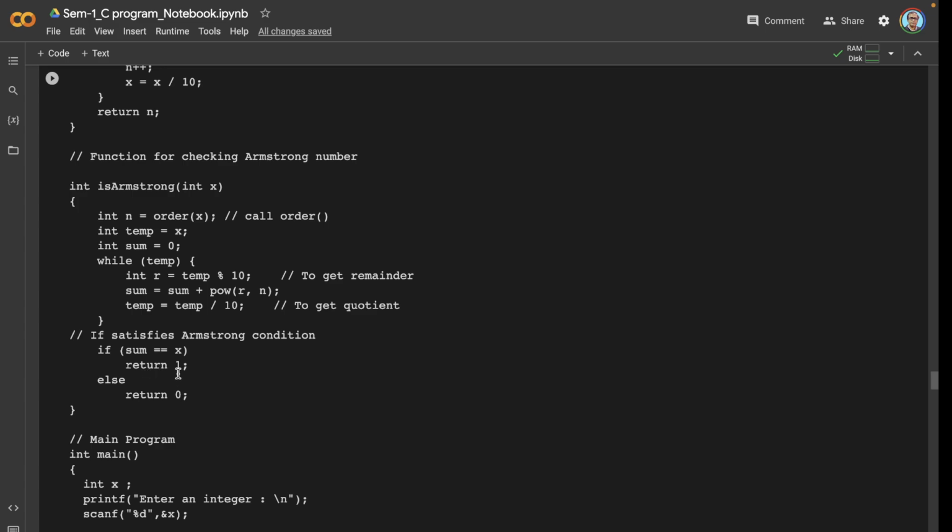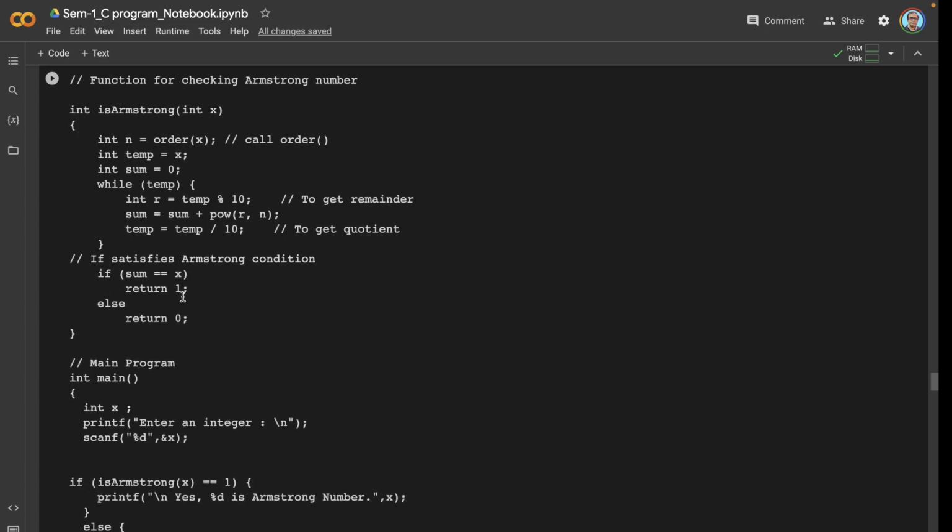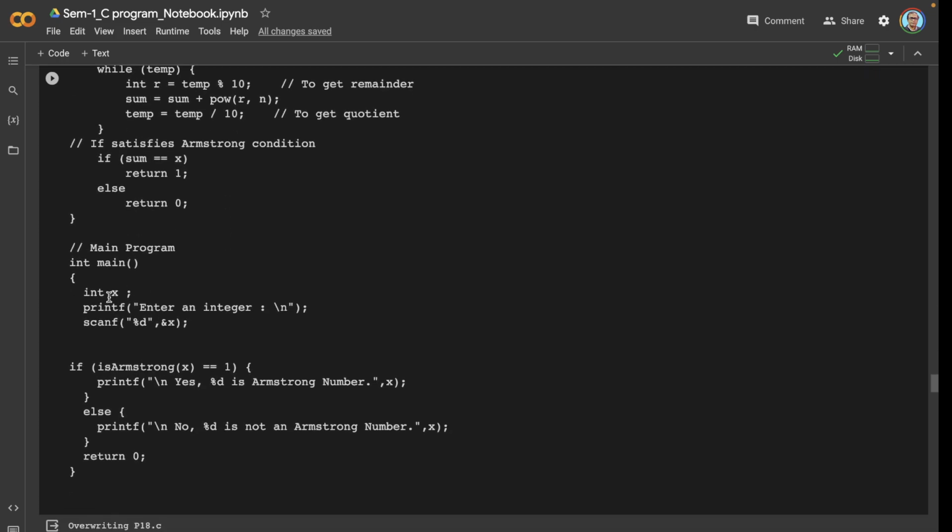So if sum equals x, return 1, else return 0. When it returns 1, we say x is an Armstrong number. So integer x input, scanf x. If armstrong x equals 1, yes, it is an Armstrong number. Otherwise, it is not an Armstrong number.